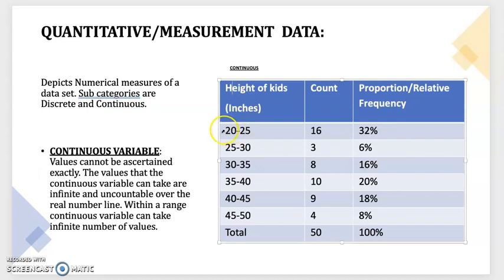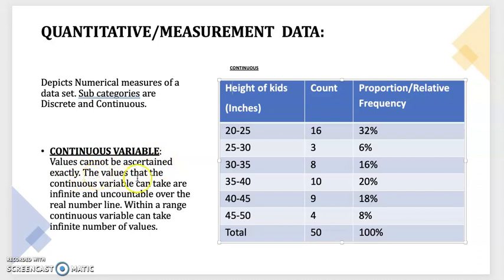We have ranges for the kids, between 20 inches to 25 inches, how many? Then 25 to 30, 30 to 35, something like that. So you can see the data uses a continuous variable. The value cannot be exact, so we give them a range.